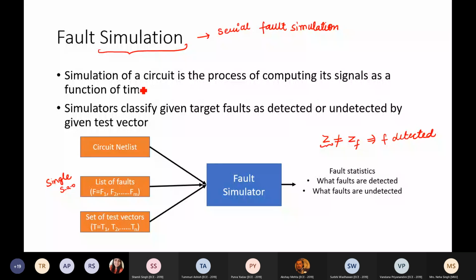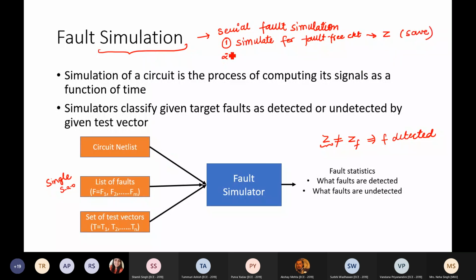So what we basically do is, as first step, we simulate or find the output for the fault free circuit. Fault free circuit को हमने सारे inputs दिए, test vectors दिए, and we find out what are the output values of Z. ठीक है, इसको हम सेव कर लेते हैं एक फाइल में.